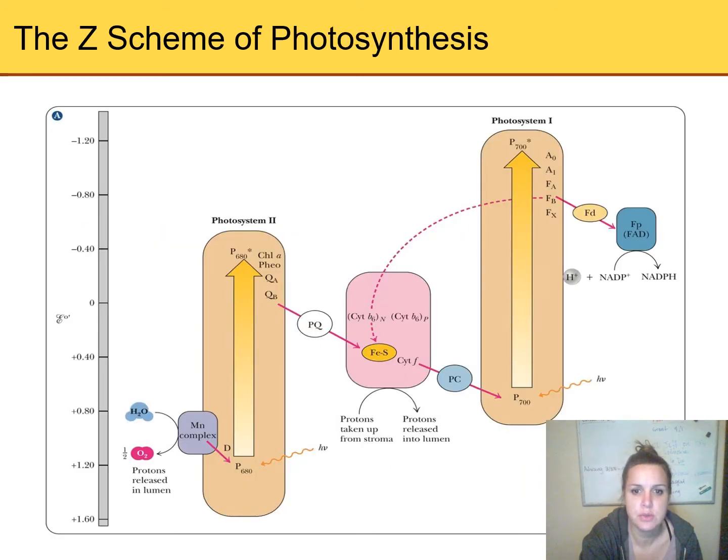So this figure is really interesting because it represents electron flow from water to NADPH. So basically what you see is that water releases electrons that are then excited at a wavelength of 680.